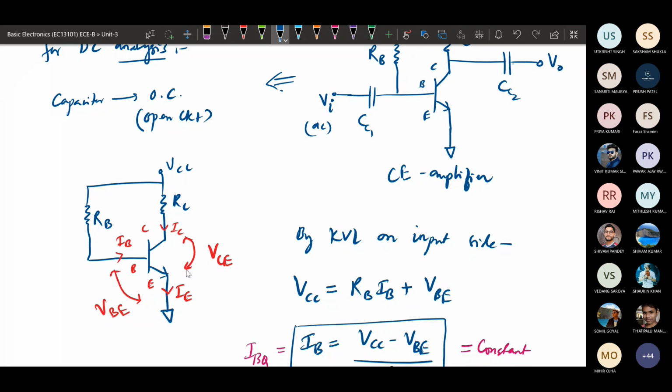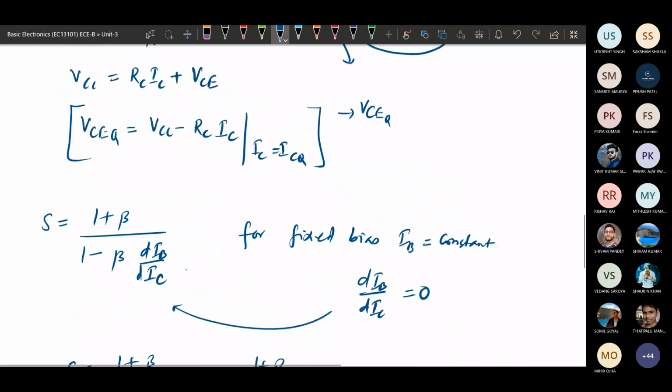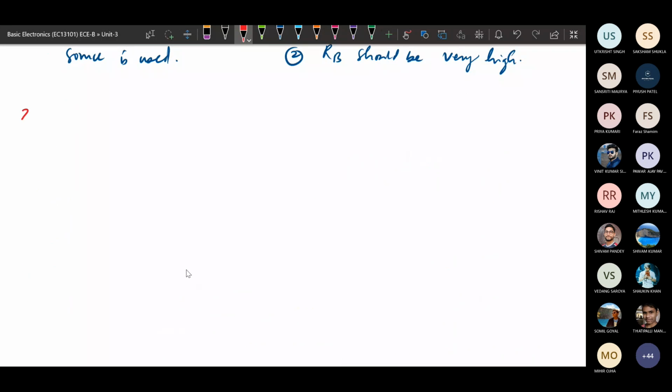To avoid that, we connect VCC with a resistor to provide the biasing to the input side. This is called the fixed bias circuit, but it has the disadvantage that it provides an unstable system. So we will be moving to the next system, that is second, collector base biasing.